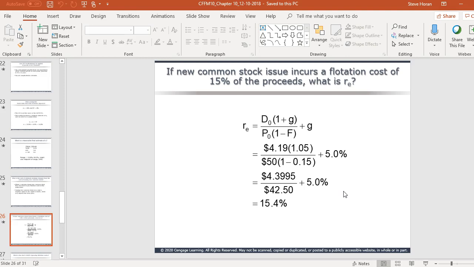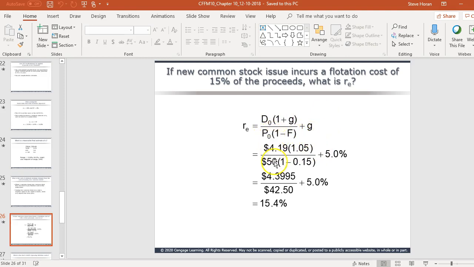So they're going to just take our dividend cash flow model and add one more concept to it, which is flotation cost. So the F is flotation, and in this example, they're going to go with the high percent here of 15. So they're going to say D0, that dividend today of $4.19, times 1 plus g, the growth rate of 5.